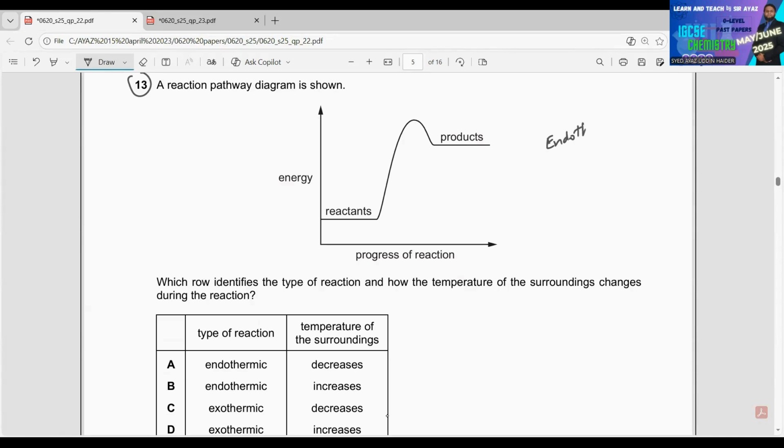That's for sure. So either A is correct or B is correct. Both C and D are incorrect. No need to look into C and D. Now, what will happen to the temperature of the surrounding? During an endothermic reaction, energy is absorbed from the surrounding. So it will definitely decrease the temperature of the surrounding. So A must be the right answer in this case.